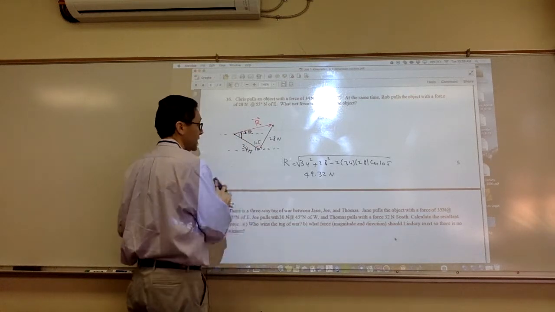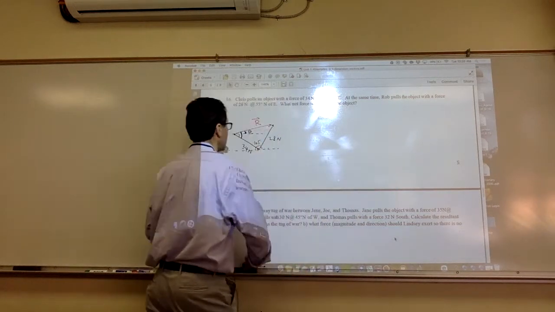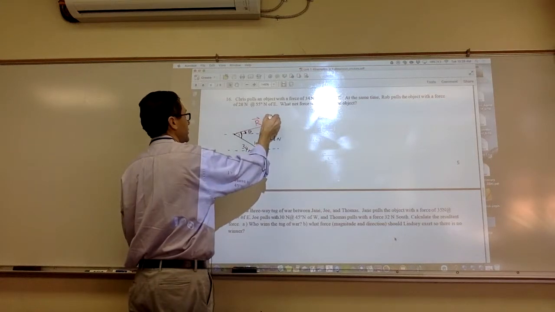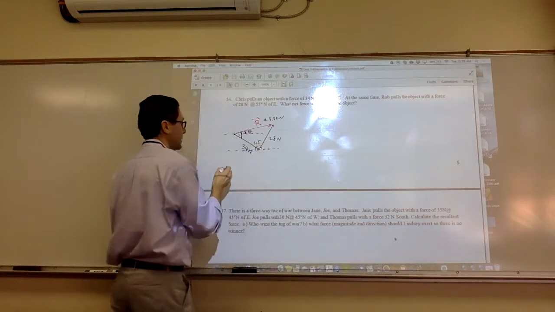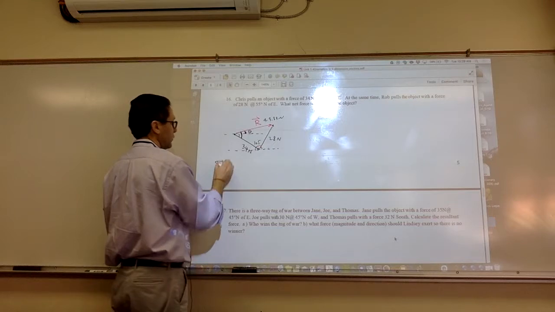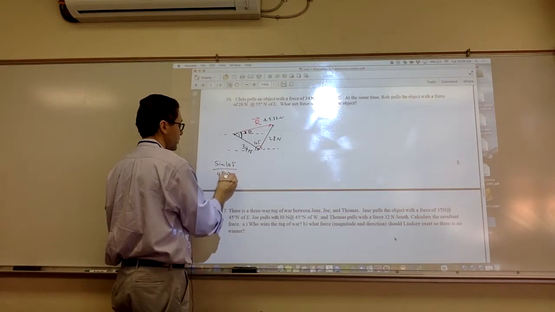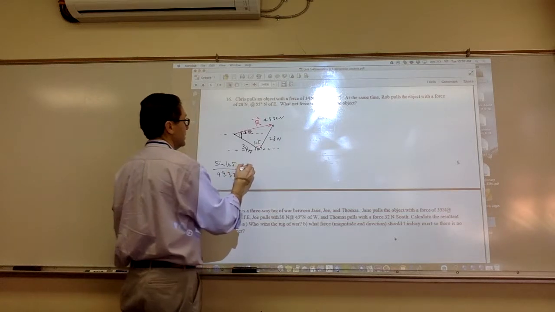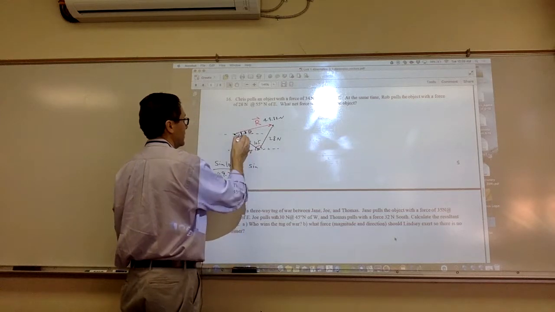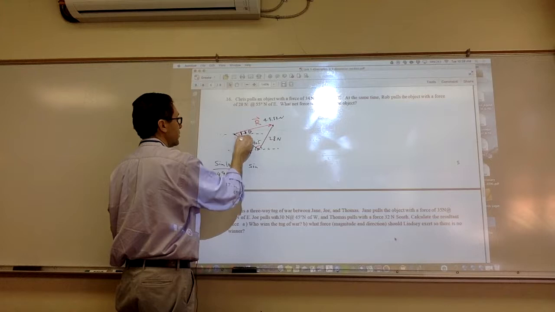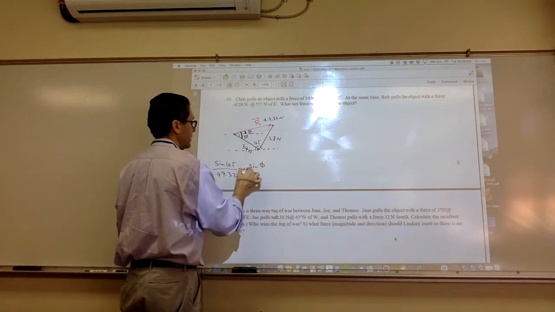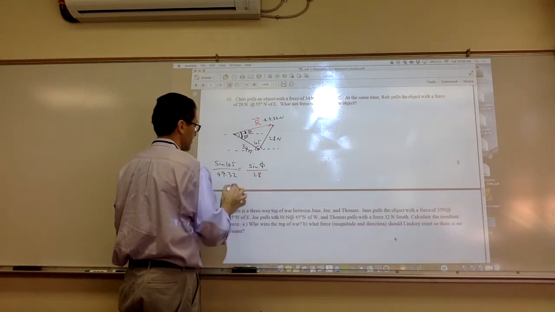So I'm going to do law of sines for that. Now this is 49.32 newtons, right? So sine of 105 over 49.32 equals sine of this big angle here, I guess I call it phi, over 28.